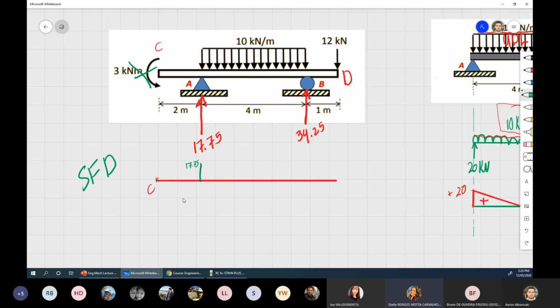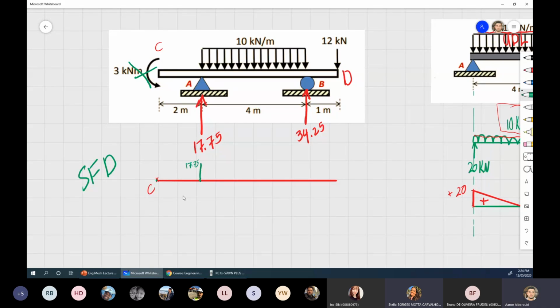What I was thinking, I can change this UDL by a punctual force located 2 meters after the A, which has 40 kilonewtons. And then you can analyze the UDL as a force.